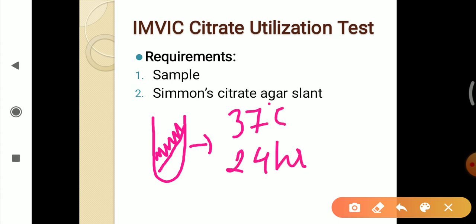On the next day, we observe the color change from green to blue. If there is a color change from green to blue, then the citrate utilization test is positive. If there is no color change, then the Simmons citrate utilization test is negative.